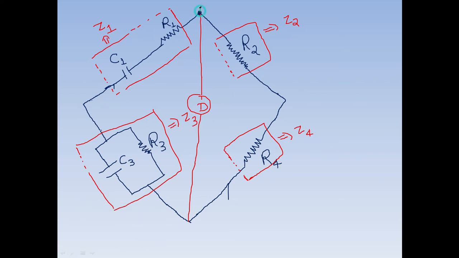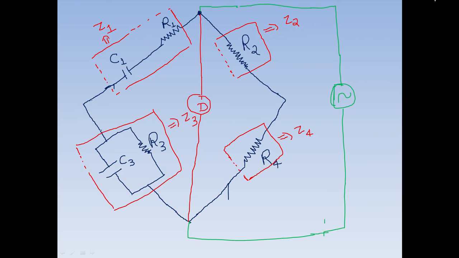This Wien bridge oscillator is given an AC signal, which is given as V. So this is the complete circuit of the Wien bridge oscillator having the Z1, Z2, Z3 and Z4 values.